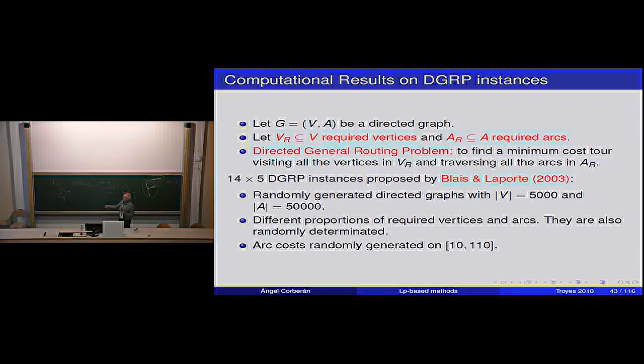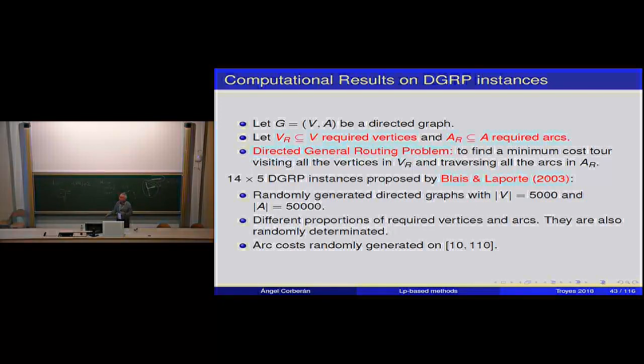The general routing problem is called like that because it's a generalization of node and arc routing problems, in the sense that you have to find a tour, of course, of minimum cost, visiting some vertices in the graph and traversing some arcs of the graph. So it's a mixed servicing of nodes and arcs of a graph.